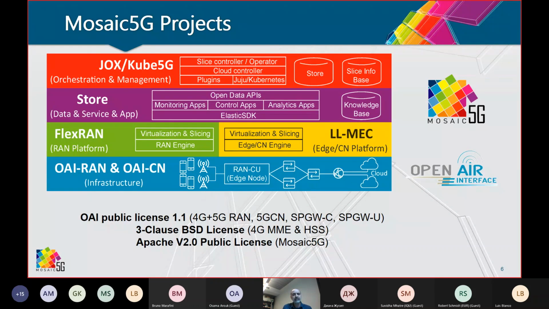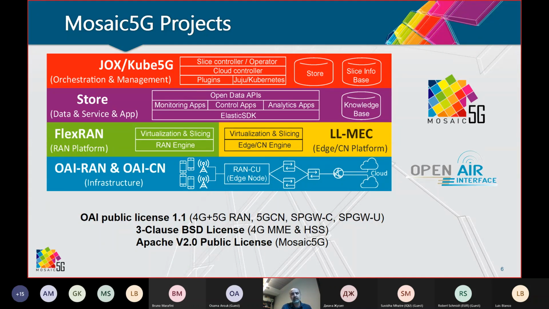Then we have two platforms, two controllers. One obviously is the RAN controller, the other is a core controller that is combined with the multi-access edge computing, with limited features though. So FlexRAN is quite a well-known and well-used platform providing a software-defined radio access network. This is a platform that shows you how we applied SDN, software-defined networking, into the RAN. And Robert is going to give you a more in-depth look into this platform.